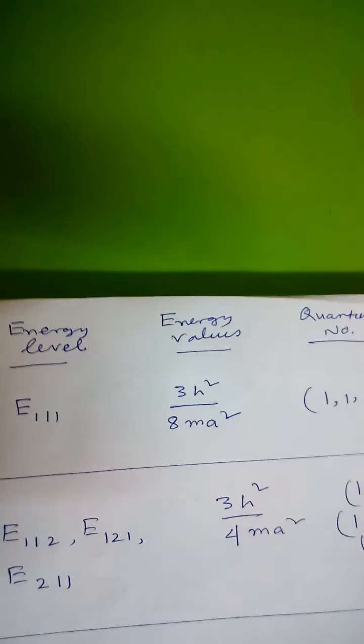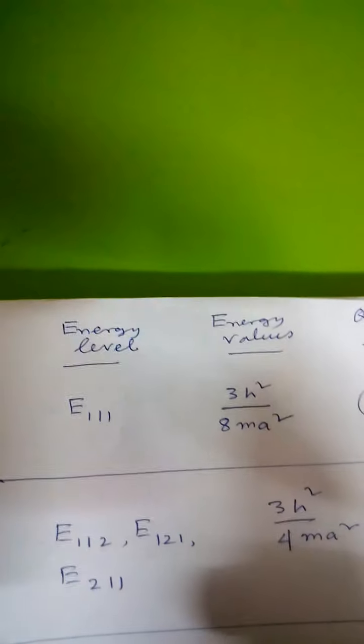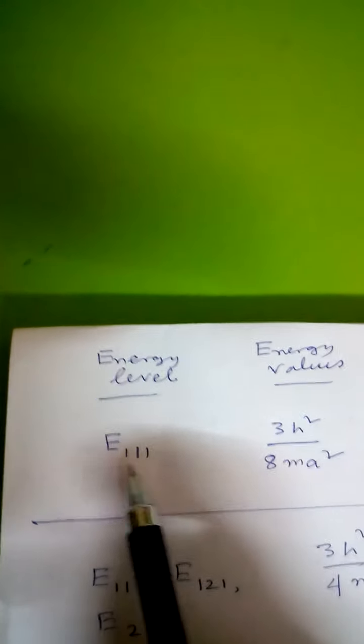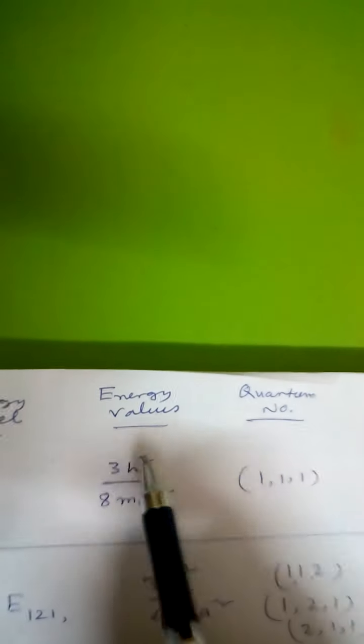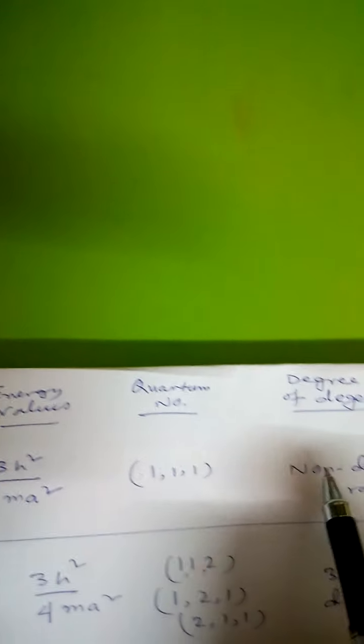So one wave function, one energy eigenvalue, and this situation is said to be non-degeneracy, and the corresponding wave function is called a non-degenerate wave function. Okay, so one wave function, one energy value, this is said to be non-degeneracy, and this is the non-degenerate wave function.